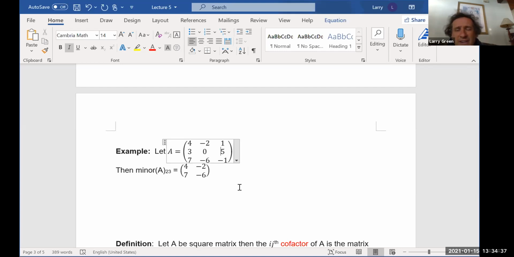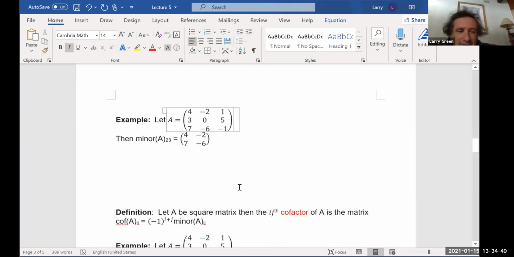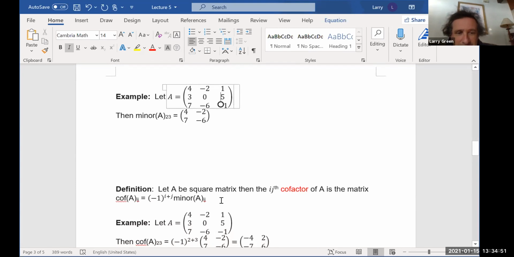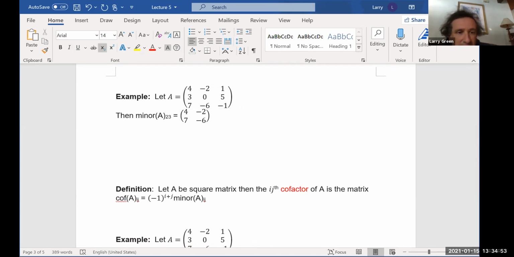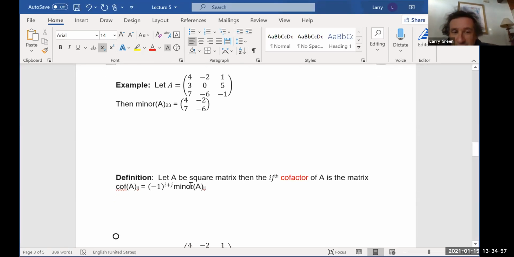Okay, as I mentioned, everything we do is easy, but there are so many little details that you have to remember: how to do it and when to use it. Do you agree that's easy to do? Okay, so now the next big definition. Let's suppose we have a square matrix.